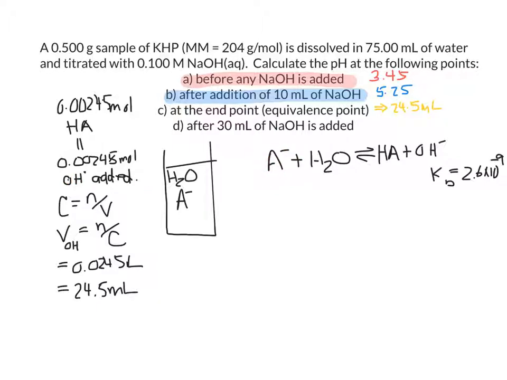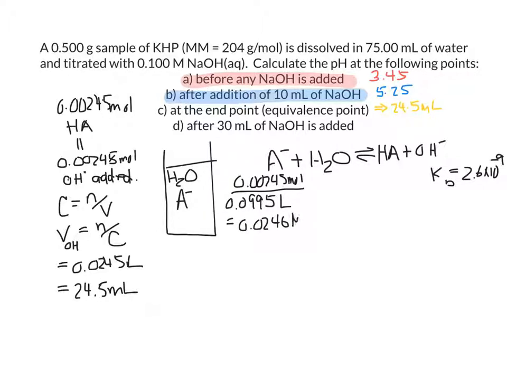And so we already know the number of moles of A minus that we put into our beaker, 0.00245 moles. At this point, we have 75 plus 24.5 milliliters, or 99.5 milliliters of water, which is the same as 0.0995 liters.